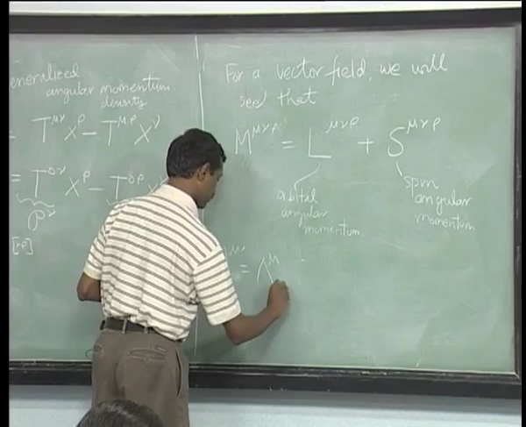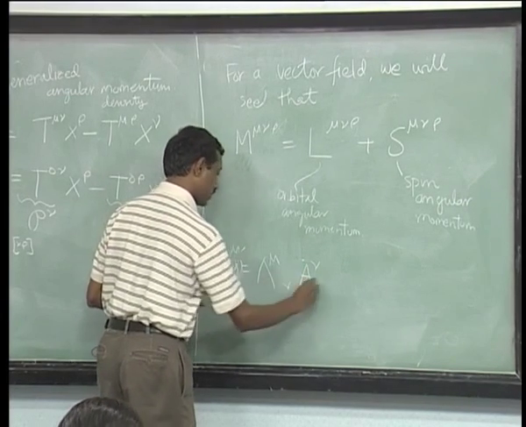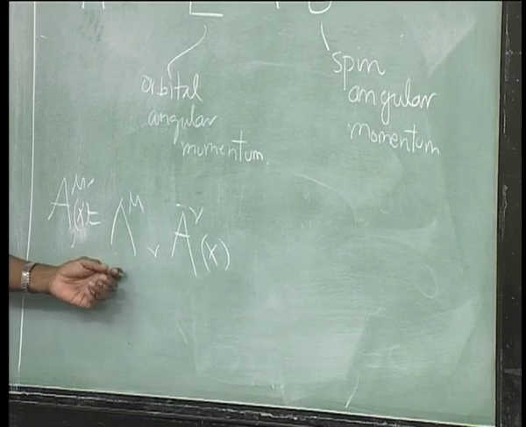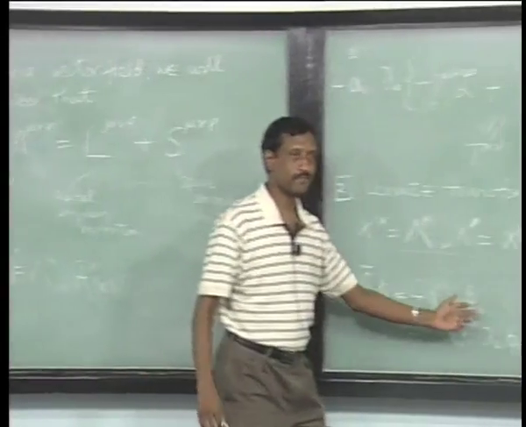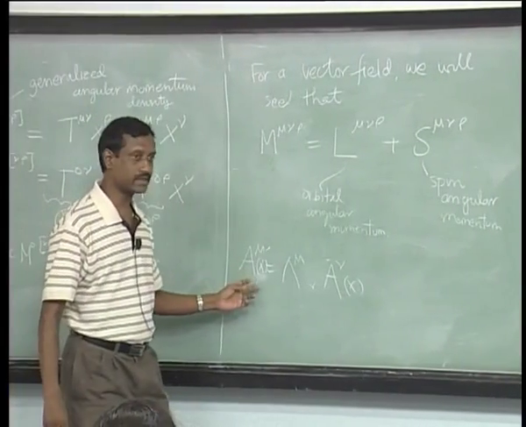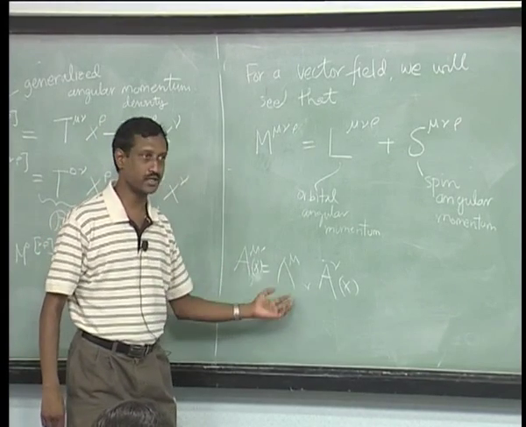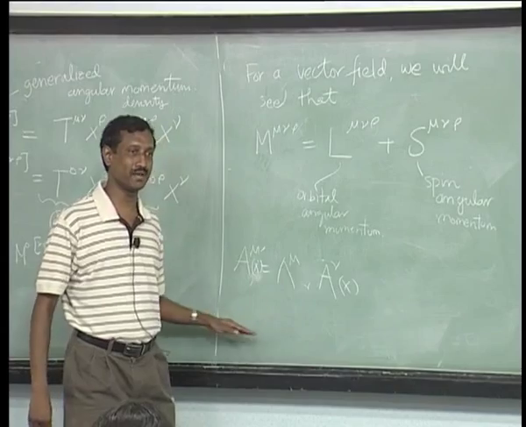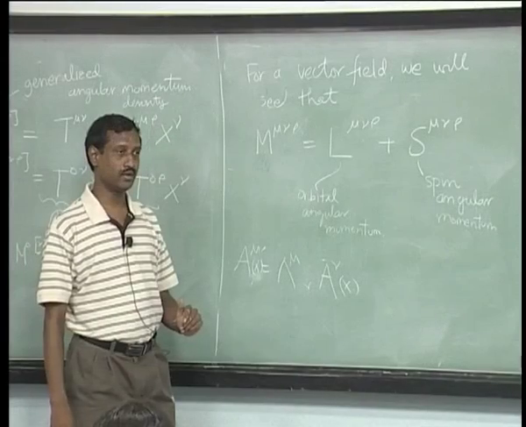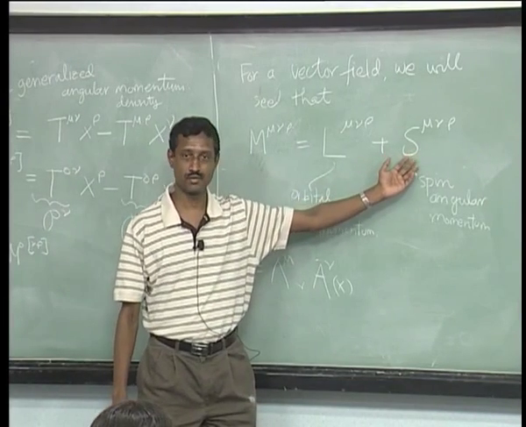Over and above the transformation of the coordinates, it also has this extra piece which was not there out here. So, delta bar of a 4 vector. Similarly, if you have a fermionic field, that will also have a similar term, though not exactly this, it will be something else. The key point is that it will have components which mix under Lorentz transformation. So, even there you will find that there is a spin.